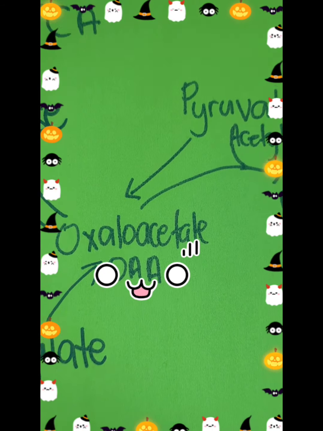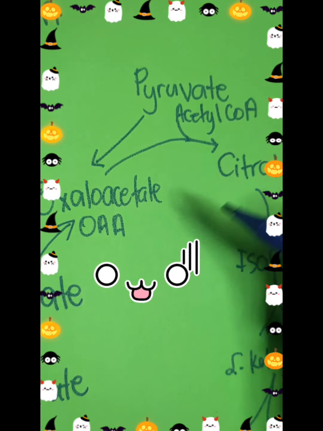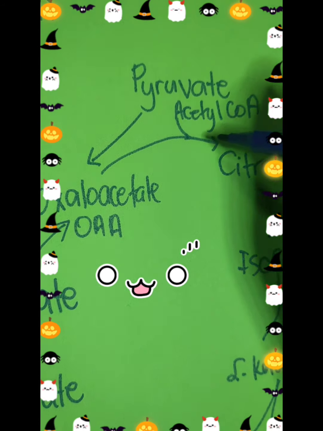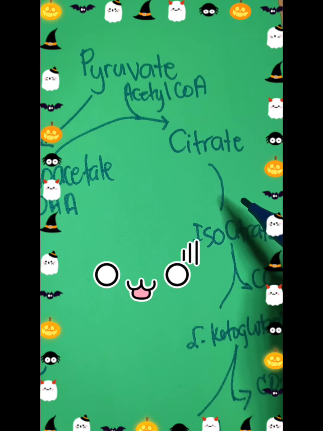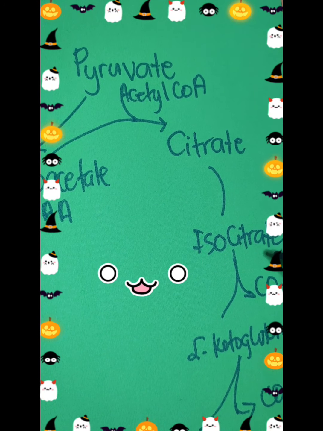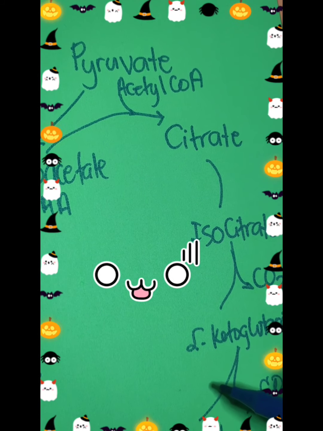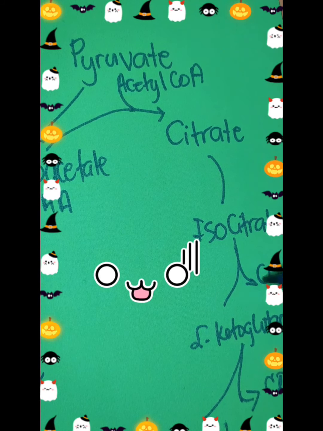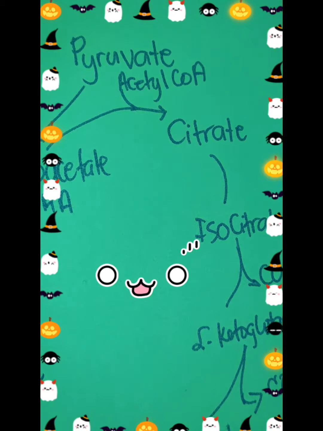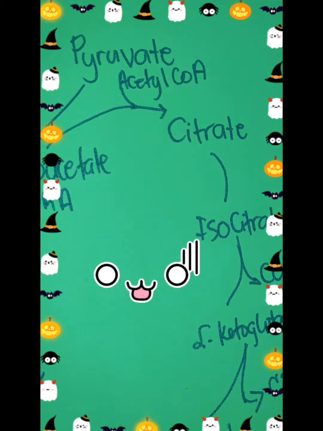Of course your intermediate that is needed is your pyruvate, and also of course the AcetylCoA. Later we will have to discuss where this AcetylCoA came from, and then this will become your citrate, and then isomerization of citrate will become isocitrate. In this level where isocitrate will be converted to alpha ketoglutarate, there is the first production of carbon dioxide, along with NADH being formed.